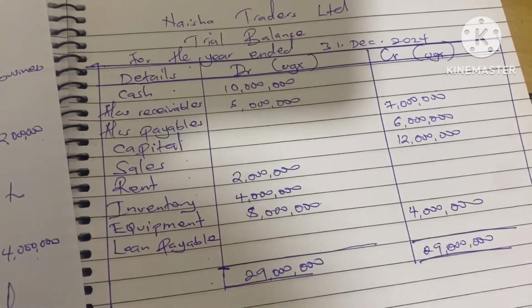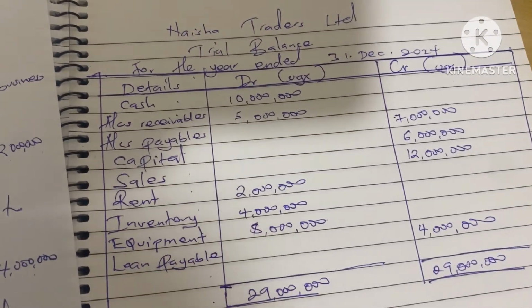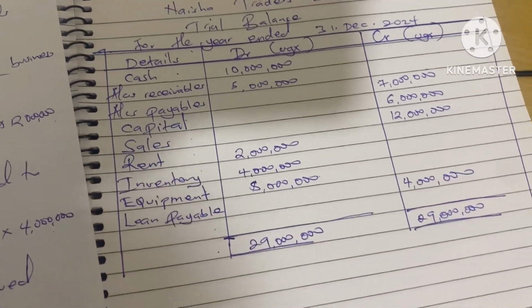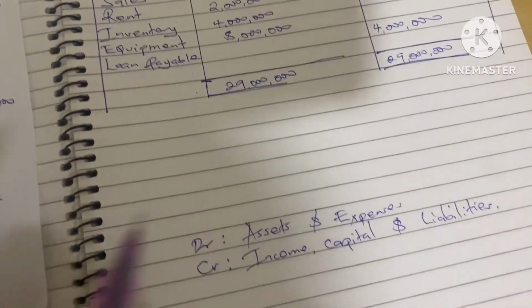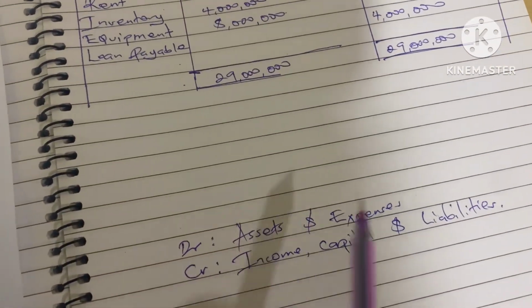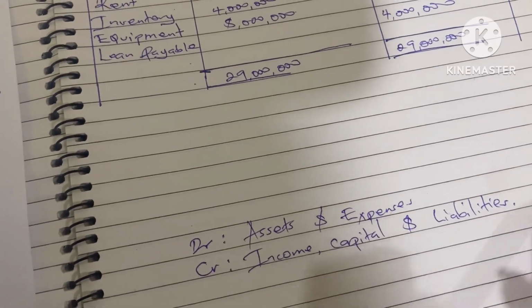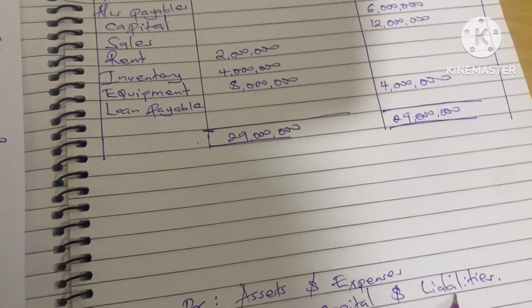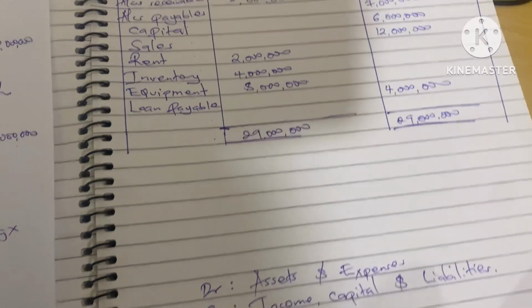Yeah, so it is balancing, meaning everything is correct. And that is how we prepare the trial balance. All you should note is assets and expenses are debited, income, capital, and liabilities are credited.